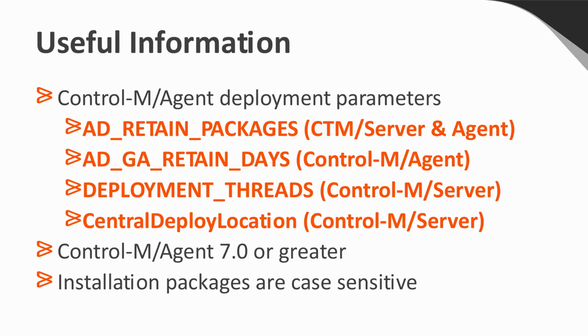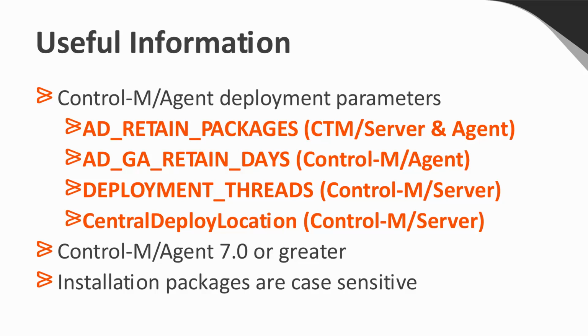The central deploy location, this is the system parameter where we are going to set the repository on a specific network location. We have to enter that network location on this parameter if we don't want to use the local repository that is delivered by default on the Control-M Enterprise Manager server.